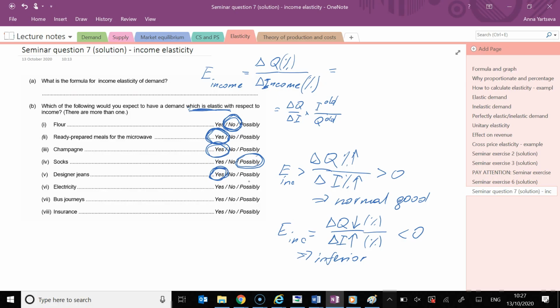Electricity, probably not. So maybe I would put here possibly, if we are talking about some additional devices which consume lots of electricity. For example, you can have an air conditioner which creates a really nice, lively climate in your house. You are likely to have this installed if you can afford to install it and run it, because it consumes electricity, right?